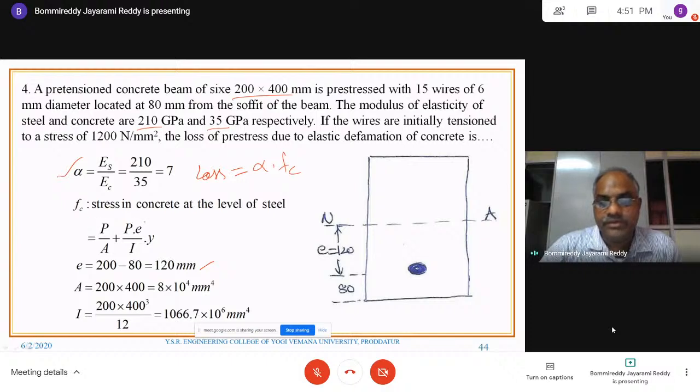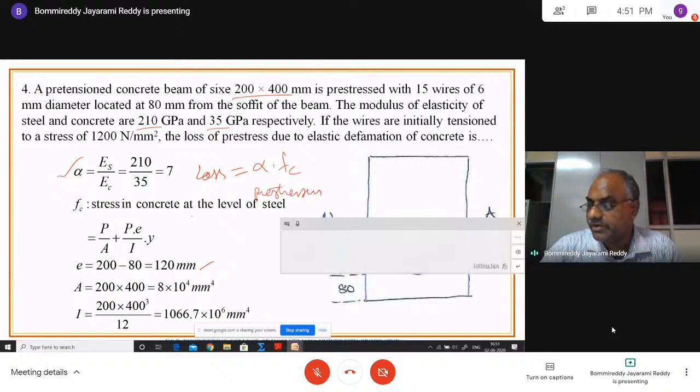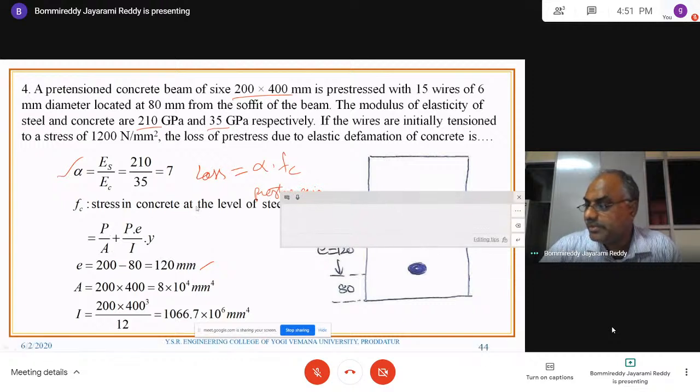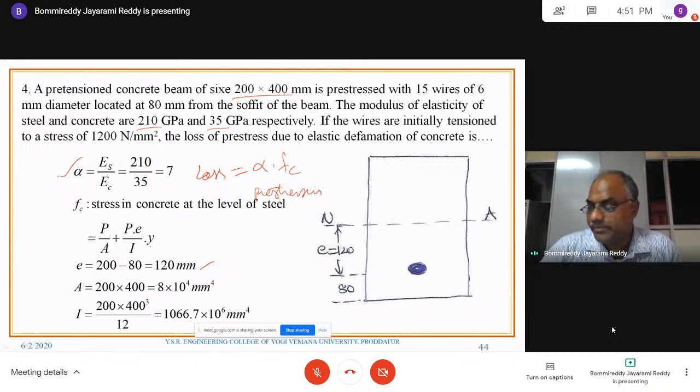Fc means stress in concrete at the level of pre-stressing steel. So that is P by A plus PE by I into Y. So eccentricity is known, area you know, I is BD cubed by 12, as it is a rectangular section. And Y, what is the Y value? Distance of the cable from the neutral axis, that is also 120.